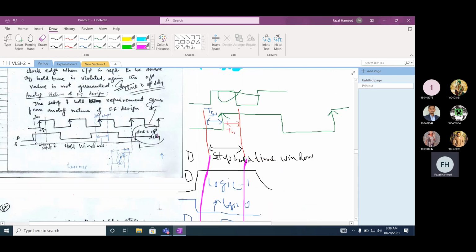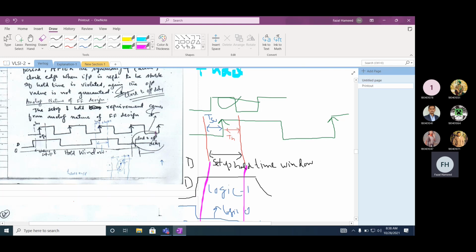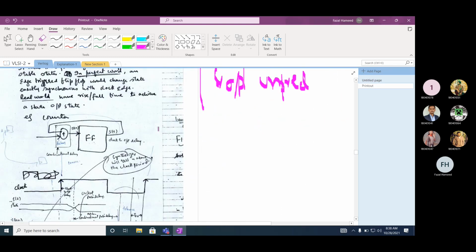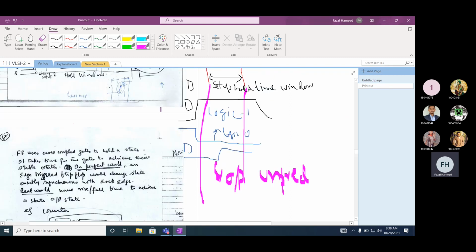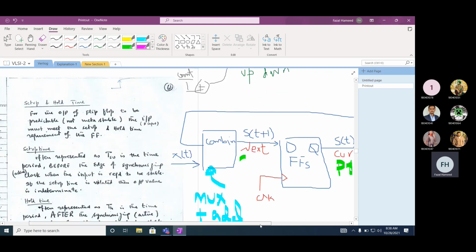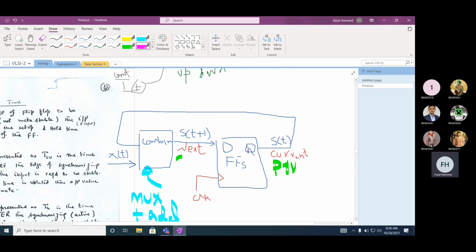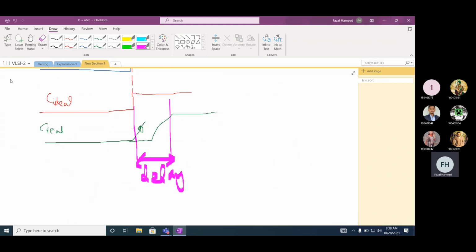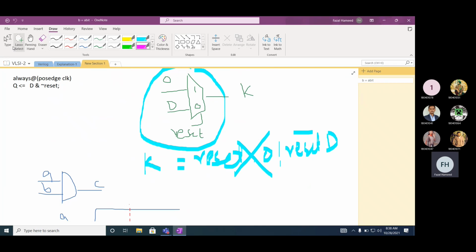Now if we look at this window, how? If you look at any combinational circuit, I will draw it again on the next slide. Let's assume we have a combinational circuit and we will have different types of delay.